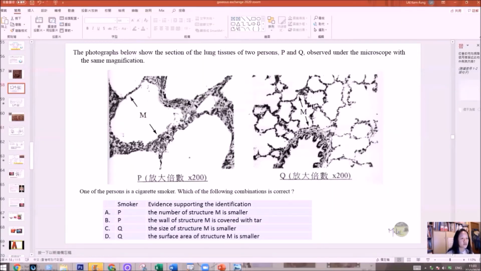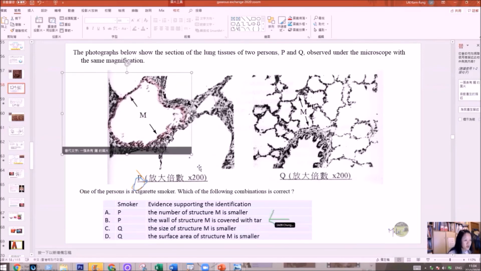We have two persons, P and Q. Which one is a smoker, P or Q? Yes, P is a smoker. Supporting evidence: we have the structure M. You can look at the magnification. Both of them are times 200, that means the same magnification for both.